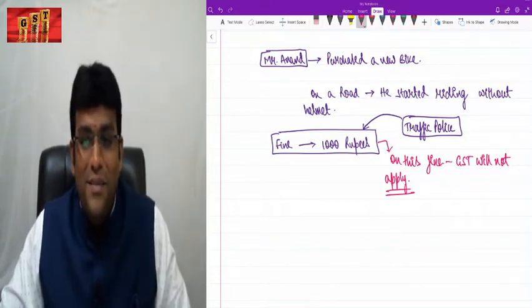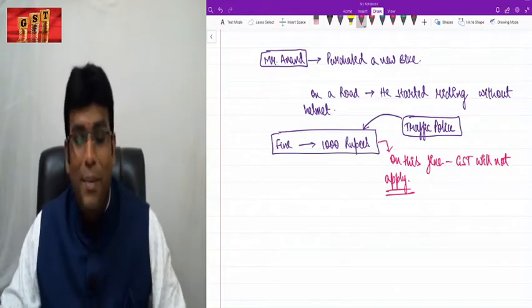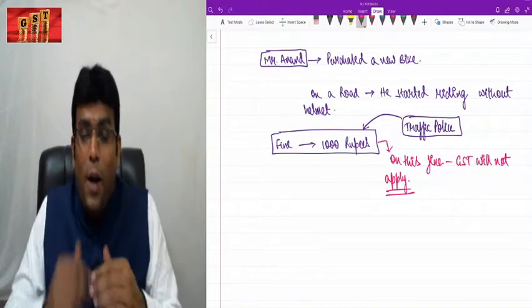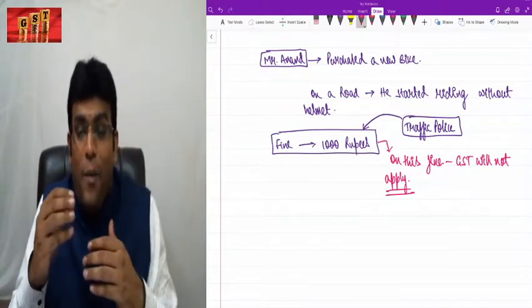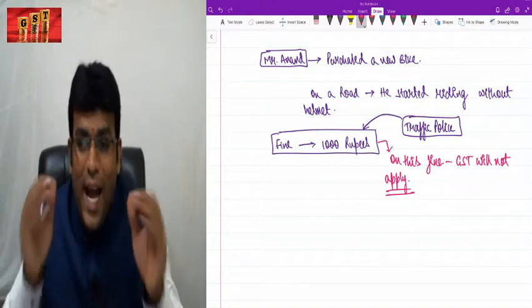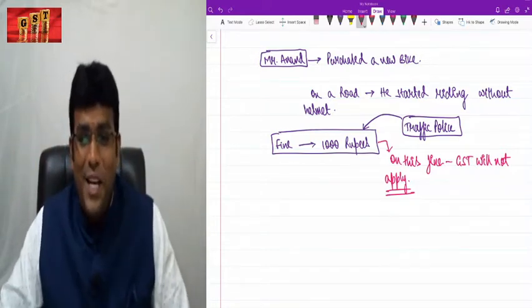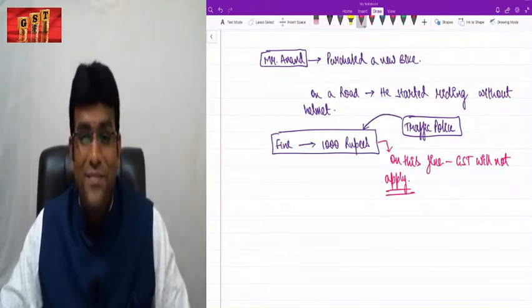Getting clarity, friends? Speak out. Very good. Come on, take the example. So whenever government is tolerating non-performance of the contract and where they are taking consideration in the form of fines or liquidated damages, on that GST will not apply. Small points, but very interesting points. No doubt about it.